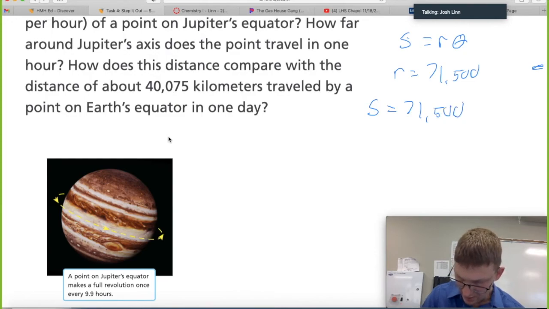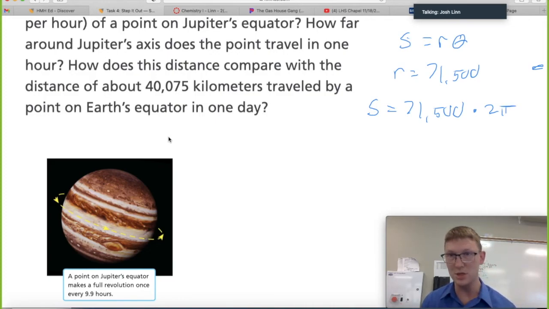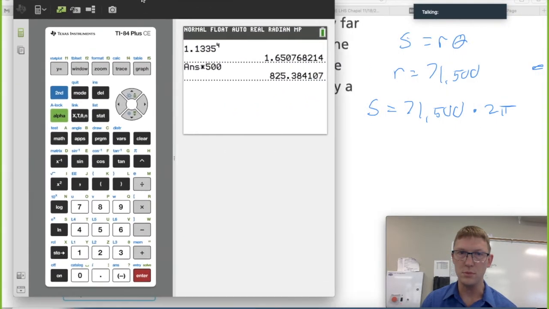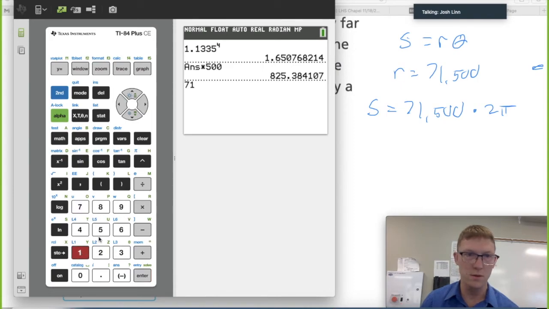71,500 times 2 pi radians. Again, you typically don't include the word radians. So, okay, we're just going to plug that into our calculator. 71,500 times 2.